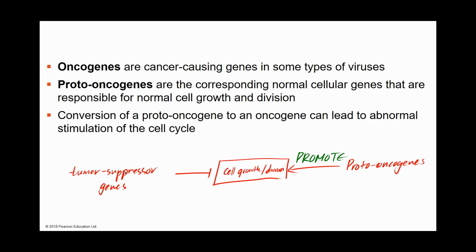But also we have tumor suppressor genes, their products actually inhibit cell division. Promote means يشجع. Here inhibit means يثبط. So as you can see, cell growth and division is controlled by genes that will allow cell growth and division to happen, and by genes that will basically stop the cell from growing and dividing.